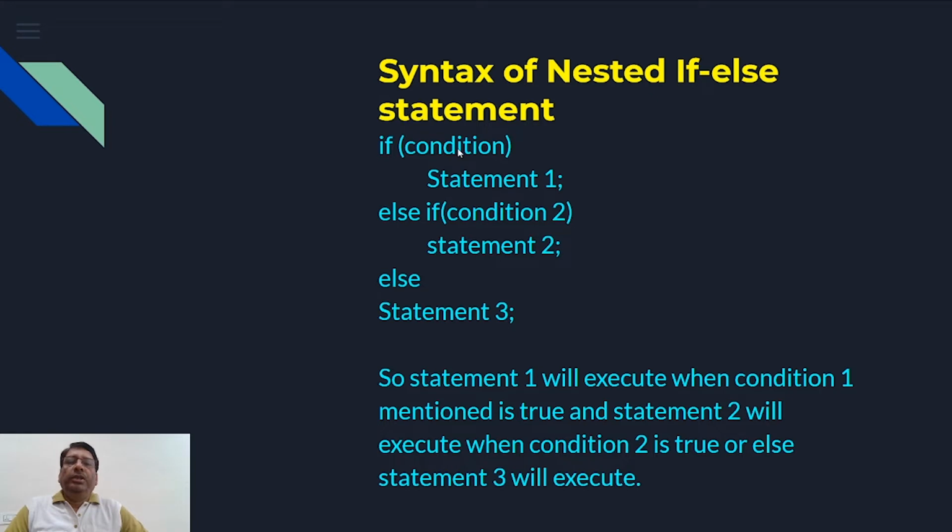If the condition that we mention over here happens to be false, then it will go to the else part. So this is what we have seen. But now in this else part, you will also have one more if condition. So you are going to write the second condition over here. If this second condition is true, then you are going to execute statement 2. If your second condition also fails, then it will execute statement 3.